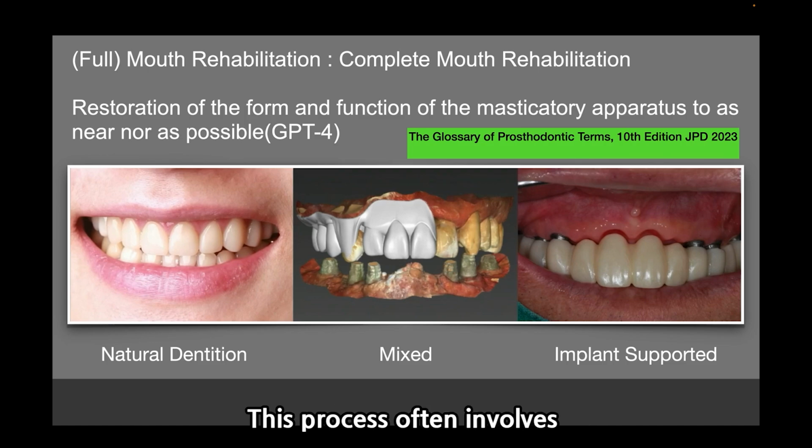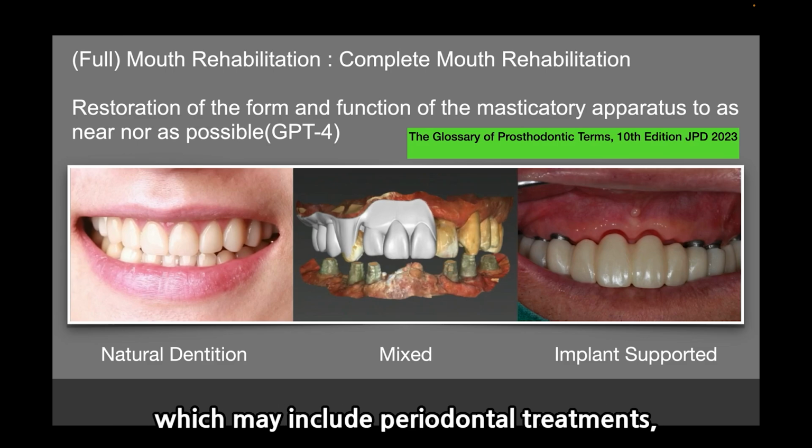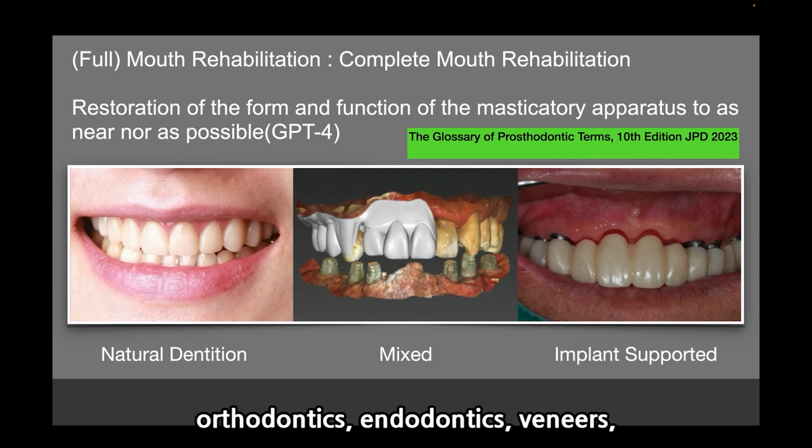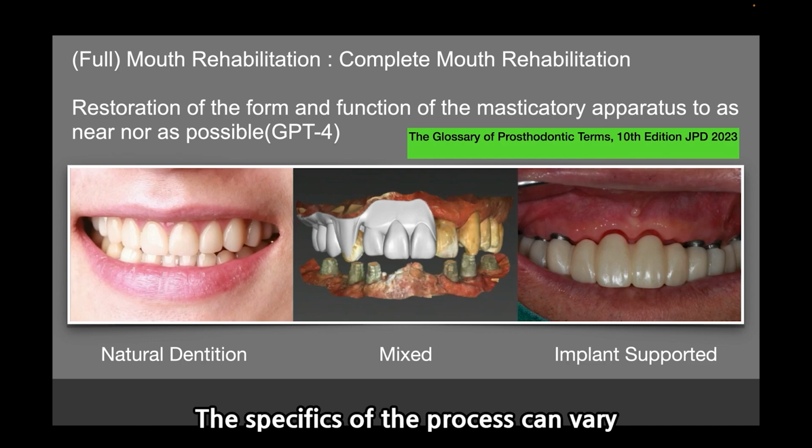This process often involves a combination of various dental procedures, which may include periodontal treatment, orthodontics, endodontics, veneers, bridges, crowns, implants, and more. The specifics of the process can vary depending on individual case and the technology used.